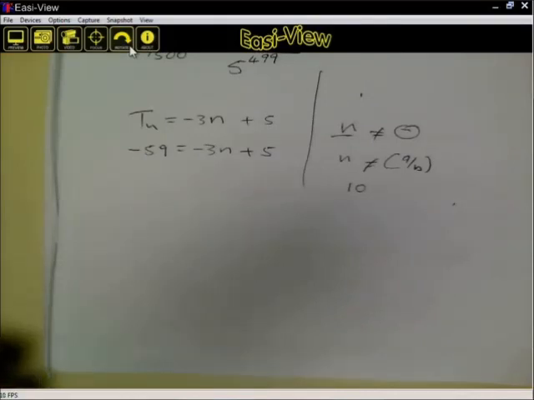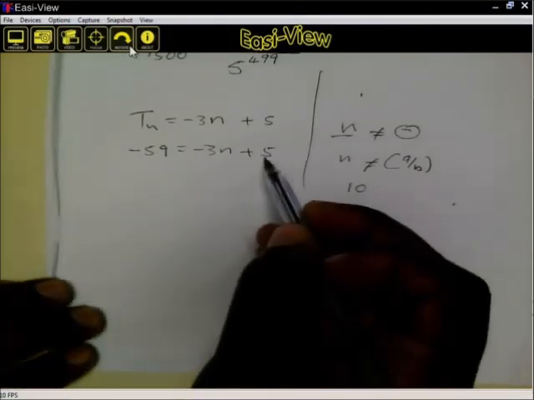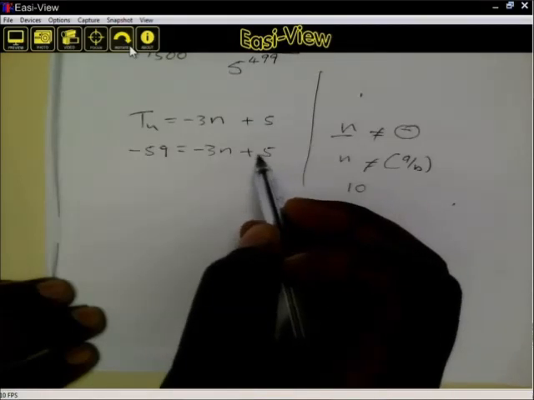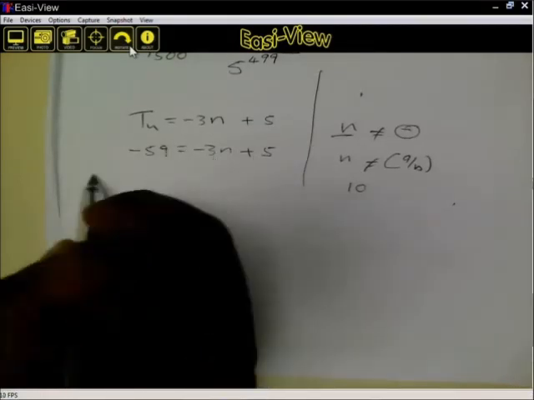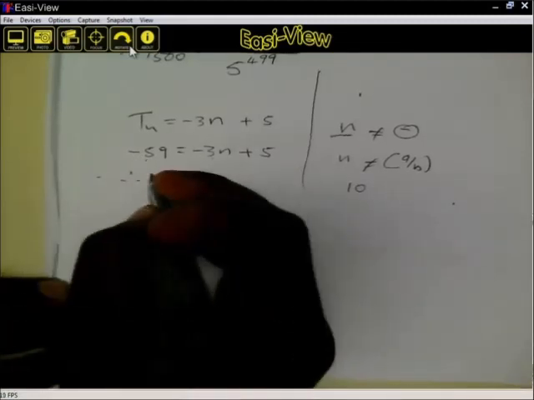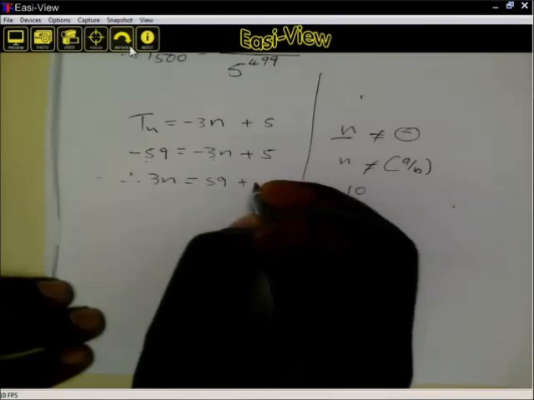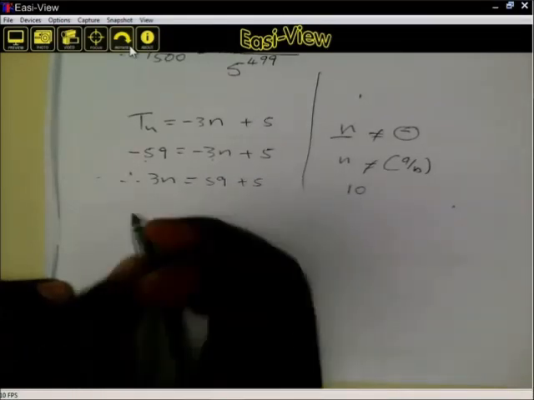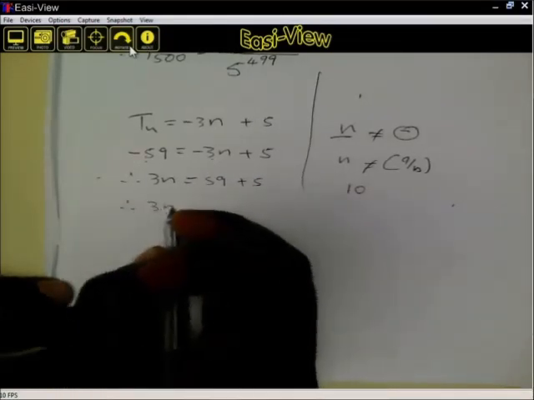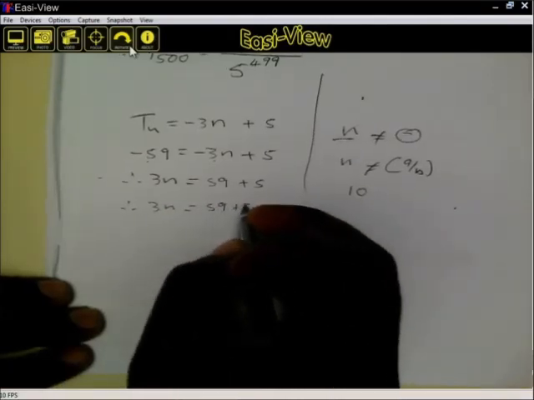Now, coming back here, we are going to solve for n here. So we can take negative 3n to the left hand side and negative 59 to the right hand side. So we are going to have 3n equals 59 plus 5. And we therefore have 3n is equal to 59 plus 5 is equal to 64.